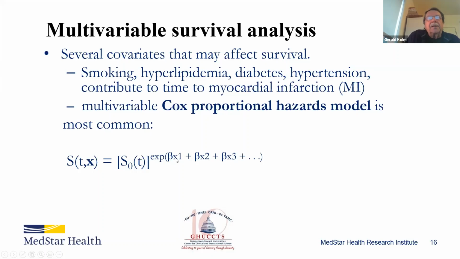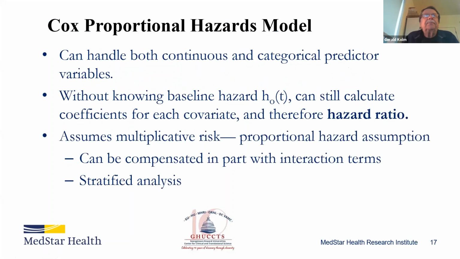You can see that this is similar to the linear and logistic regression that we looked at before, where you have an equation in which the betas represent the regression coefficients and the x's the particular variables or covariates. When we solve this equation and get the regression coefficients, if we exponentiate those, they are what are called hazard ratios.